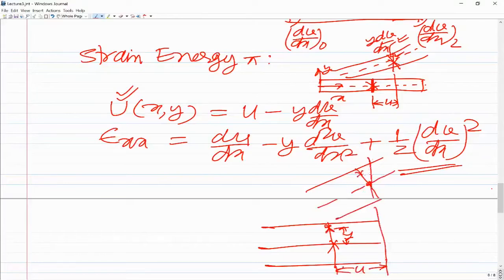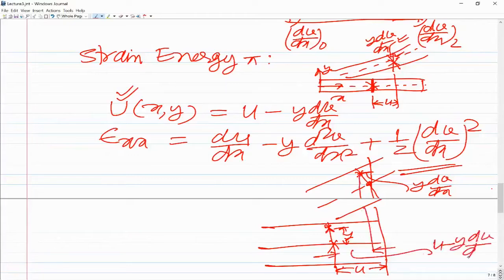This is on the normal, so the normal has rotated by an angle dv by dx. So this is y into dv by dx along the x direction. So the net displacement, when you look at this distance, is u minus y into dv by dx. So that is the displacement of a point at a distance y from the neutral axis along the x direction.